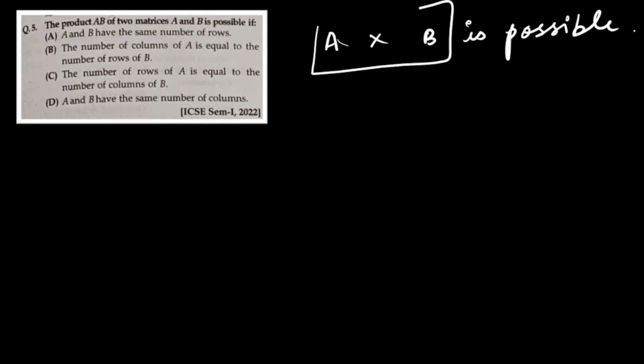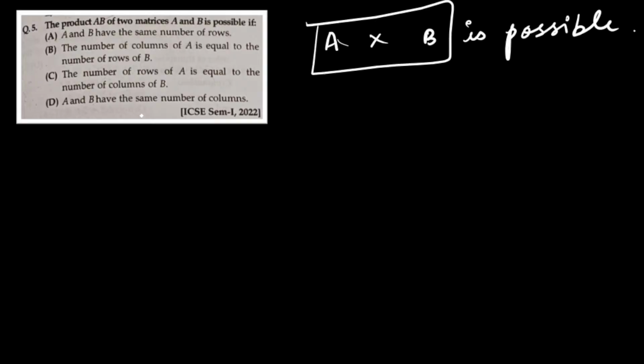In which case is A into B possible? Let's see who will give the answer first. A and B have the same number of rows. Is it possible? In which case is A into B possible?